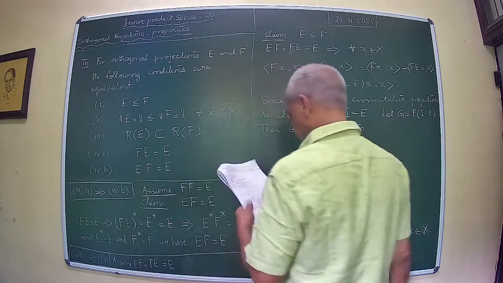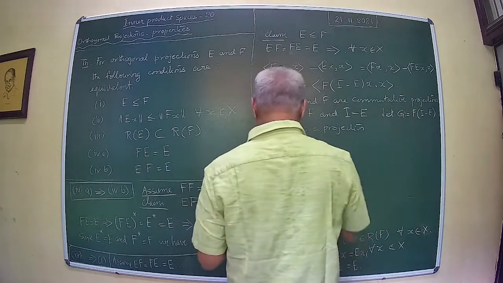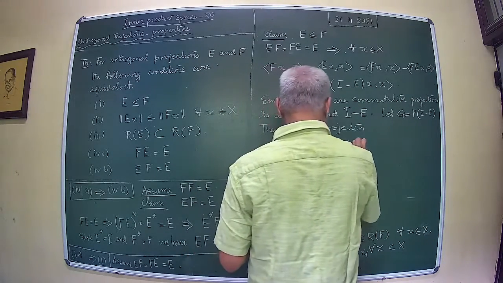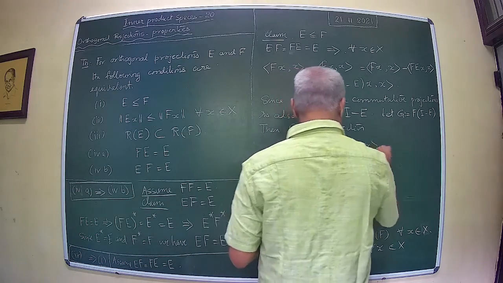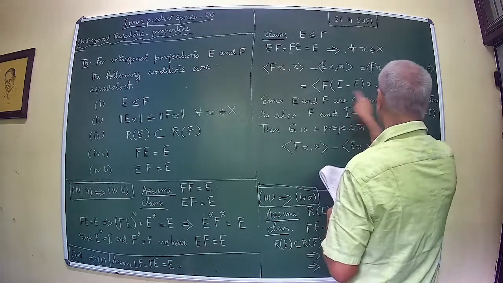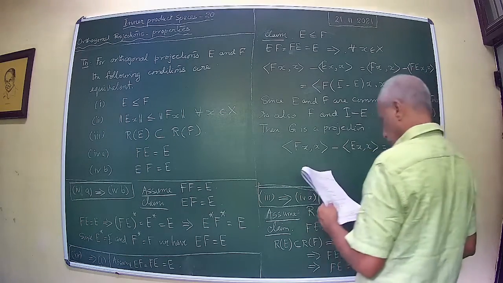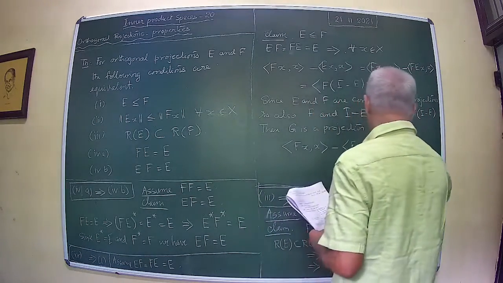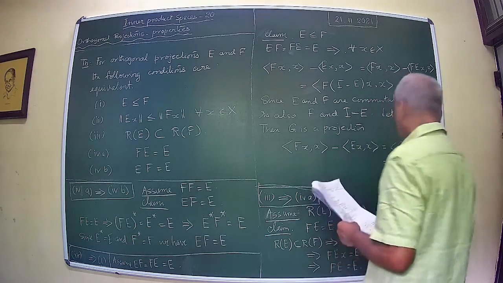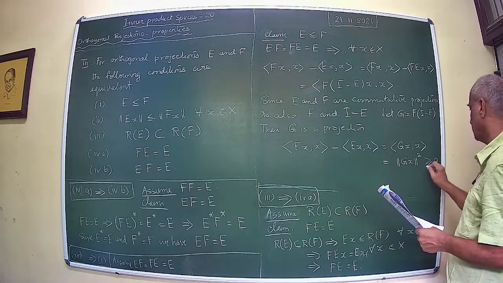It's a projection, and therefore this is equal to the inner product of Gx, x, and this is the norm of Gx whole square, and this is greater than or equal to 0.